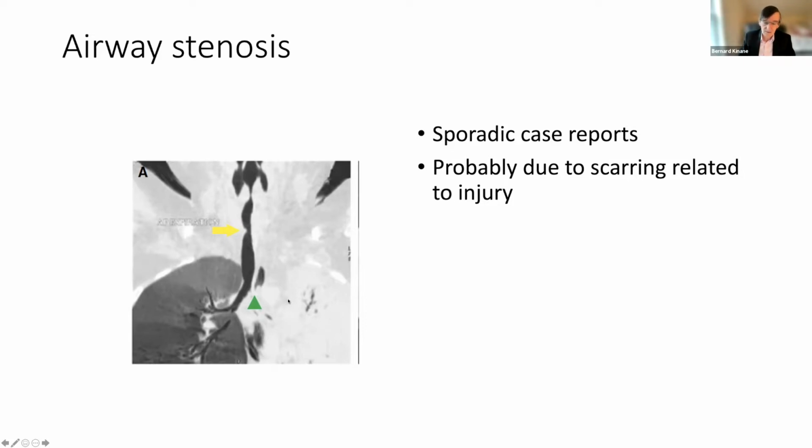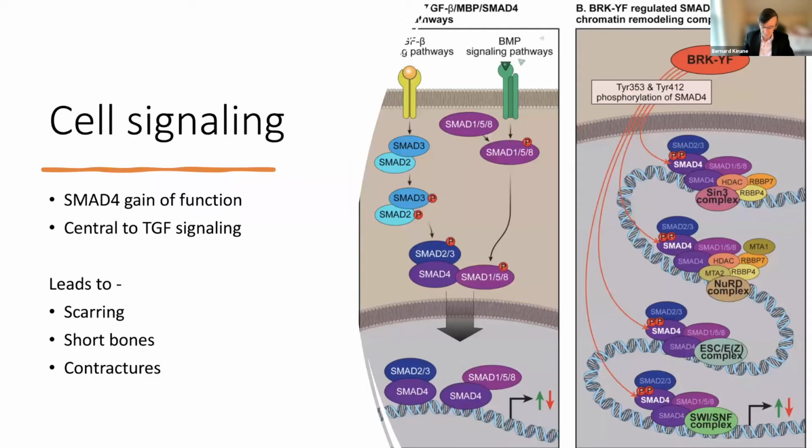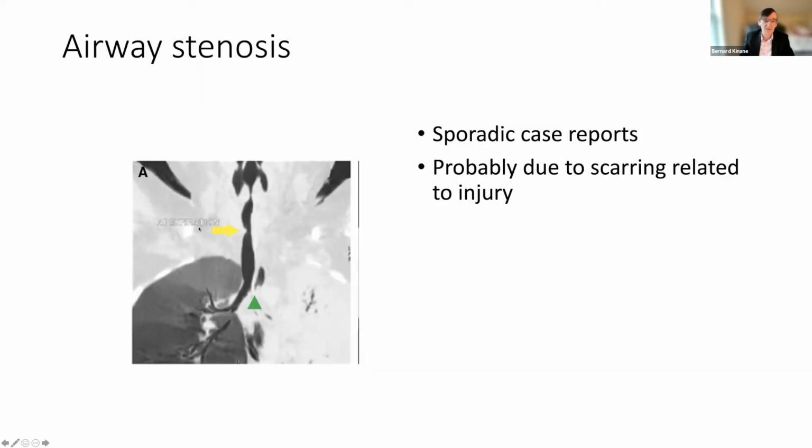Now, there are a number of case reports in the literature, and one particularly well referenced is the one from the Mayo Clinic. This is probably similar to the mechanisms of Myhre syndrome that you know already. It's probably due to increased scarring of the airways. If you get an injury in the airway, you ultimately end up getting scarring.